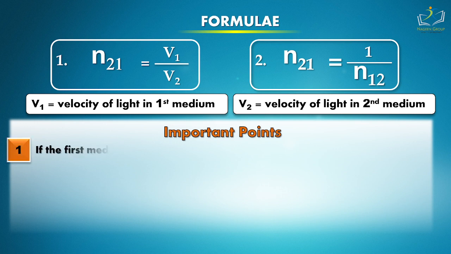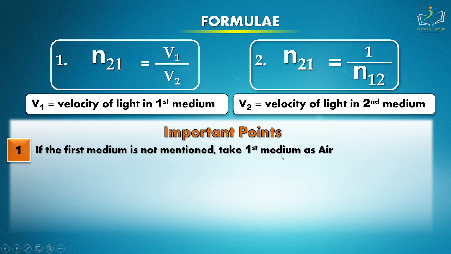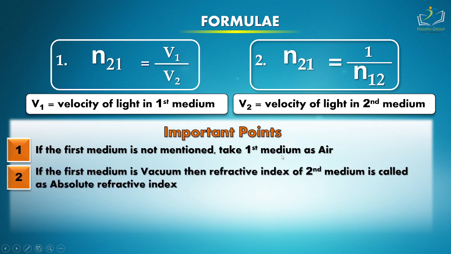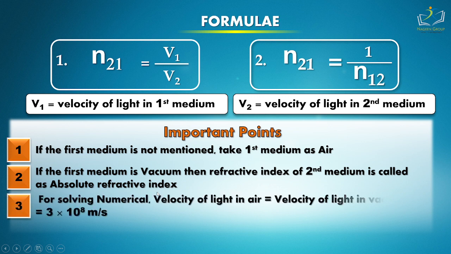Let's understand some important points. If the first medium is not mentioned, take the first medium as air always. Second, if the first medium is a vacuum, the refractive index of the second medium is called absolute refractive index.